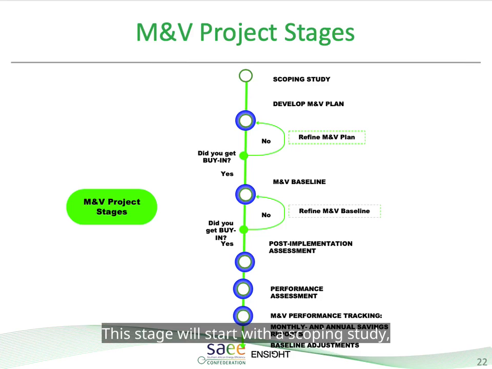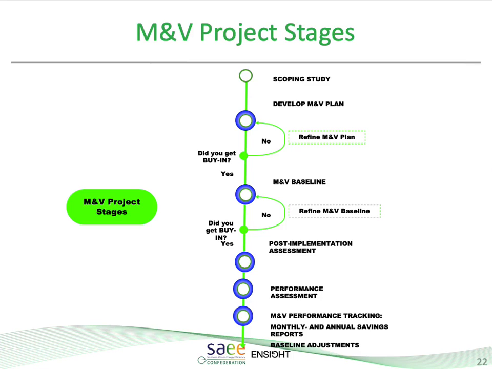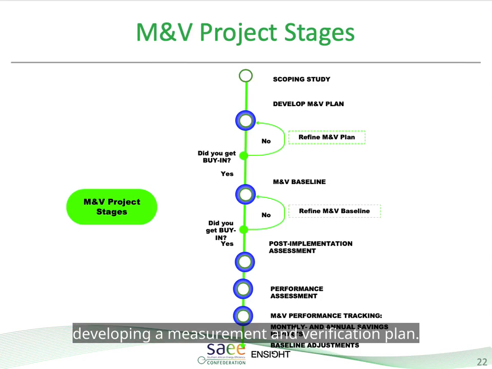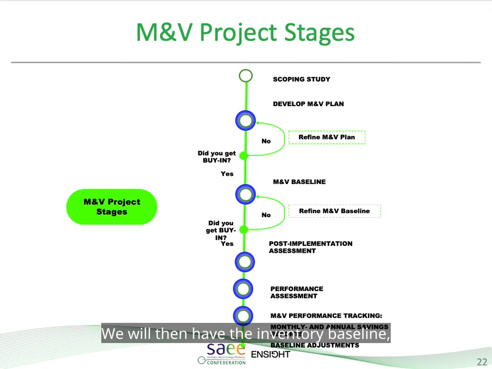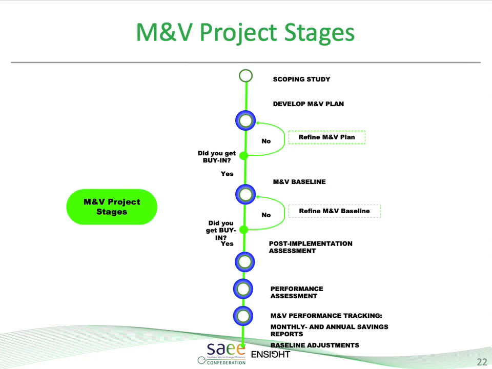These stages start with a scoping study, developing a measurement and verification plan. The plan would then need to be refined depending on whether or not Formosa Textiles gives their buy-in. We will then have the M&V baseline, which would also have to be refined depending on whether or not it is accepted by Formosa Textiles.